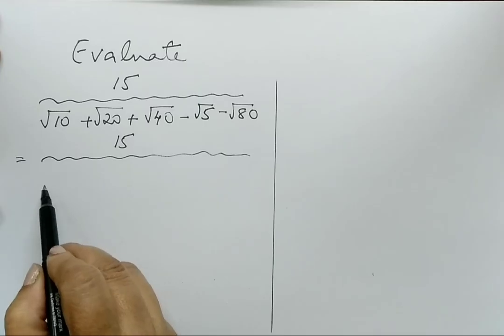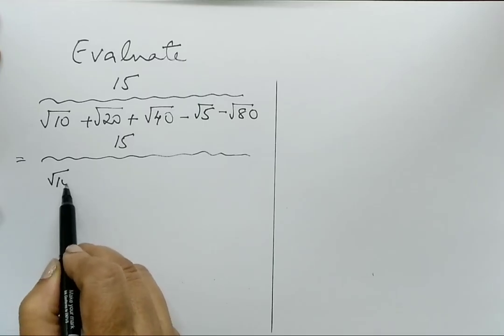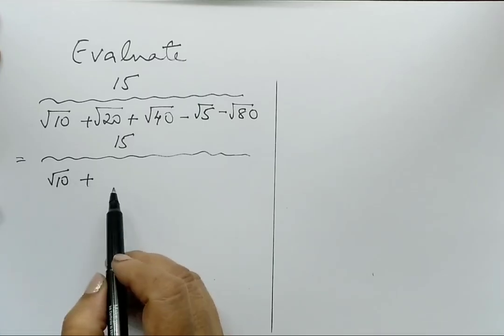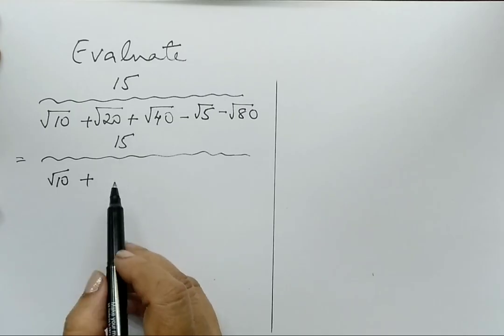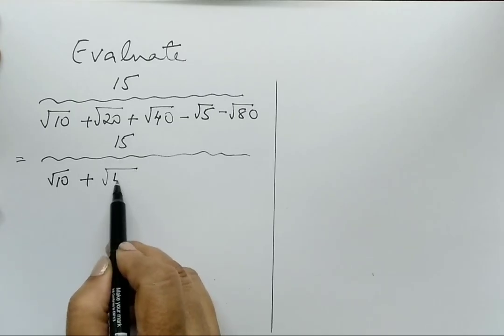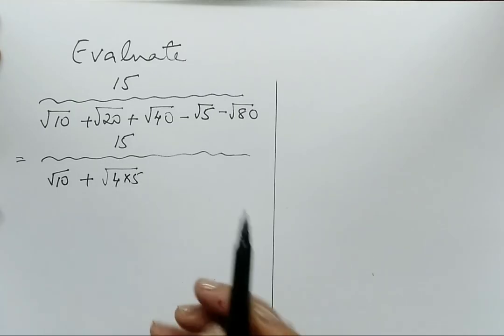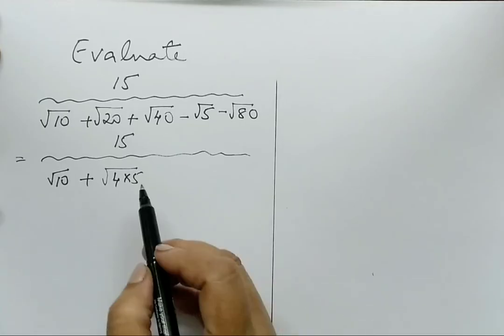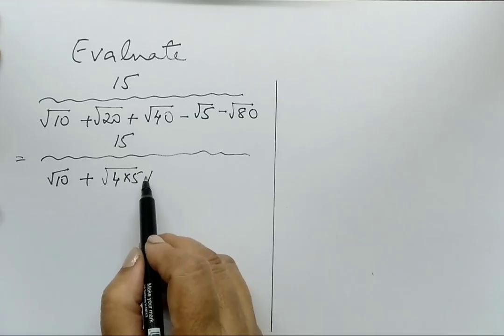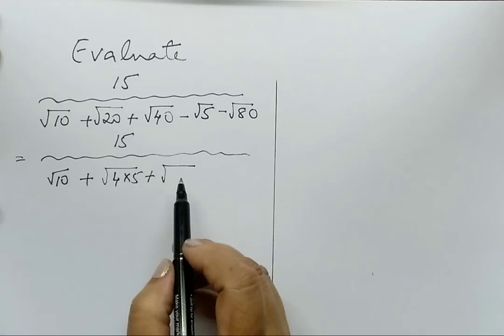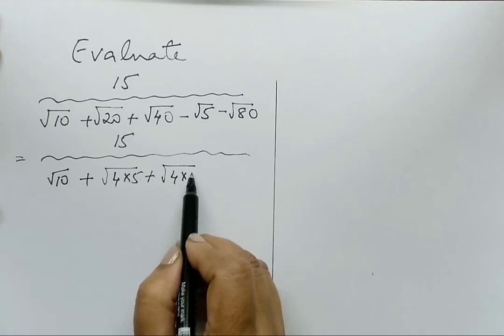Got it? So root 10 will remain the same. For root 20 we write root 4 into 5. For root 40 we write root 4 into 10.